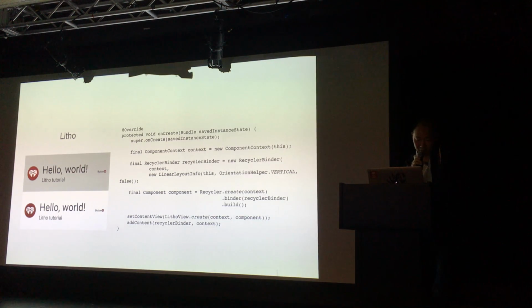And at the end, you have to call setContentView, which is the Android API that draws the main activity, and you just pass the Litho view, create context and component. So you create the recycler view at this moment right now, but it will be empty.